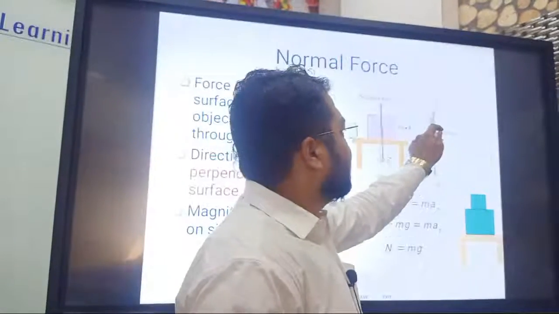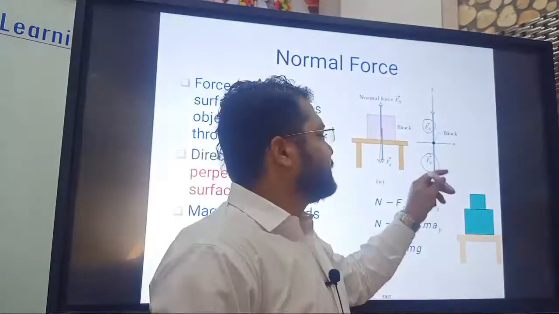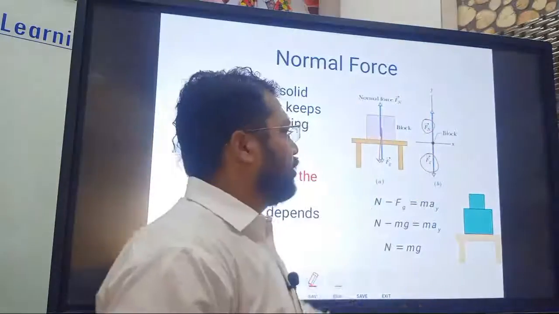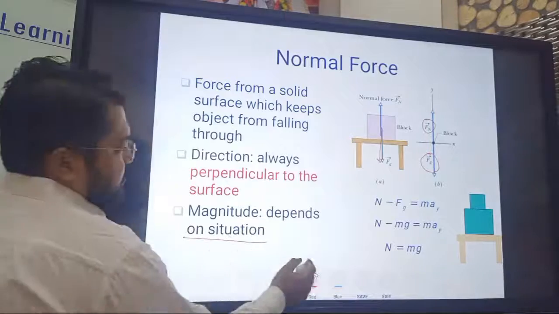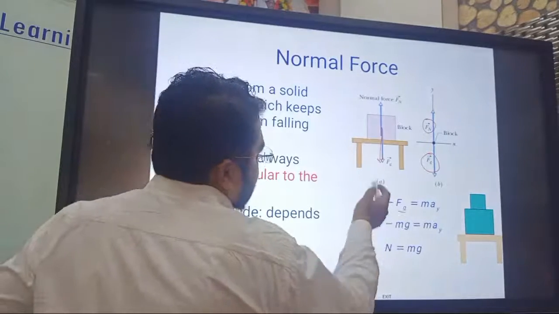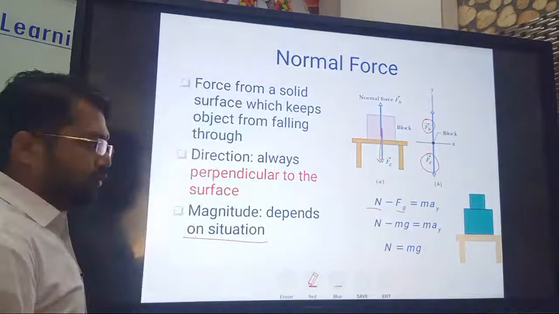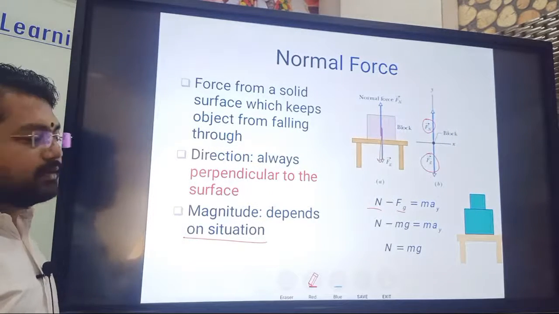So we have written Fn is force normal, Fg is force of gravity, and the point represents the block. So here magnitude depends on the situation. N minus Fg, both are opposite, right? Yes, sir. So just before we have seen, if they are opposite, what do we do? Subtract.